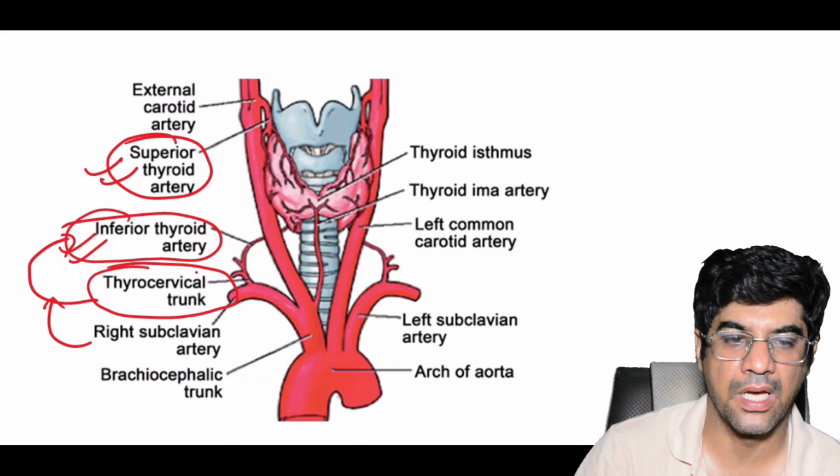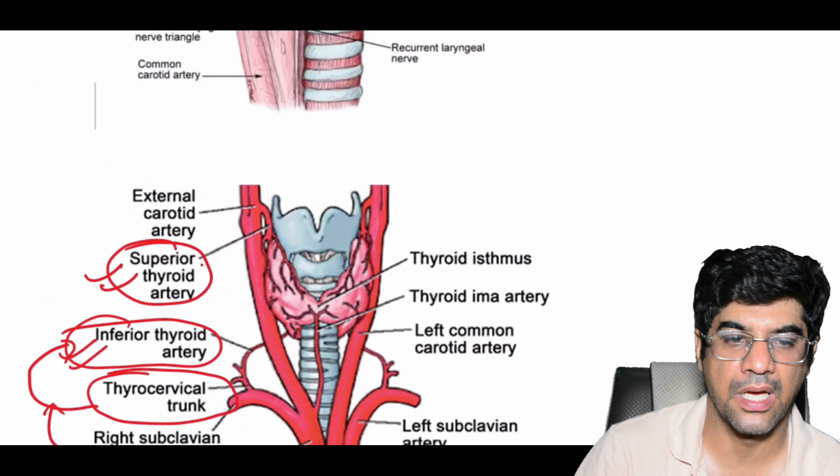The venous drainage is by the superior, middle and inferior thyroid veins that drain into the internal jugular vein.